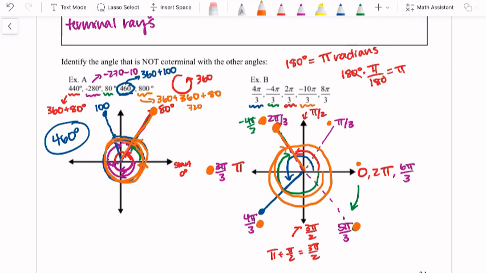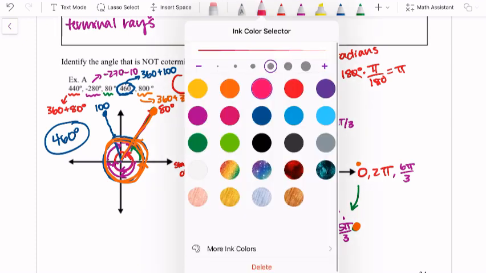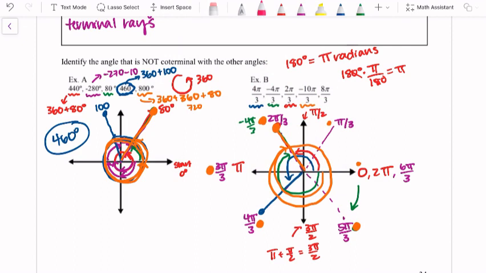Last one, I need one more color. Pink is good. We're going to do 8 pi over 3. First of all, you could count around each time, going in the circle and around. But if I know that 2 pi is really 6 pi over 3, let's just figure out how many more pi over 3s we need to add on to get there. So I'm going to think about this as 6 pi over 3.